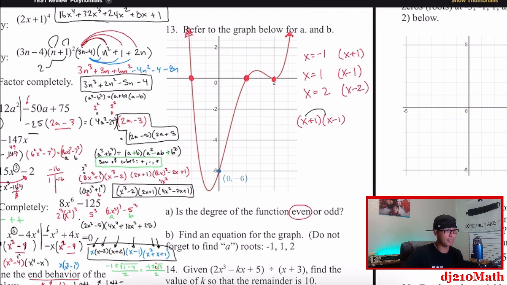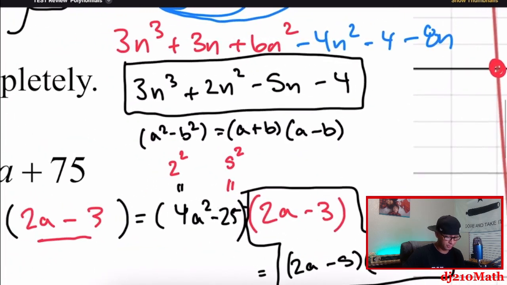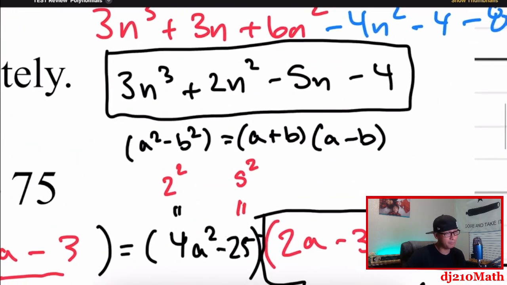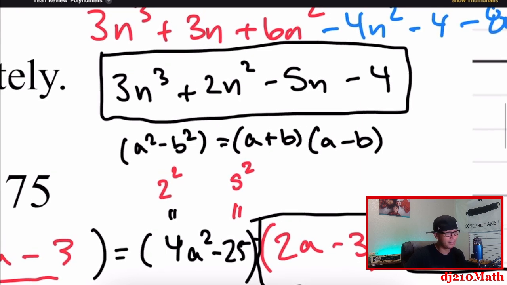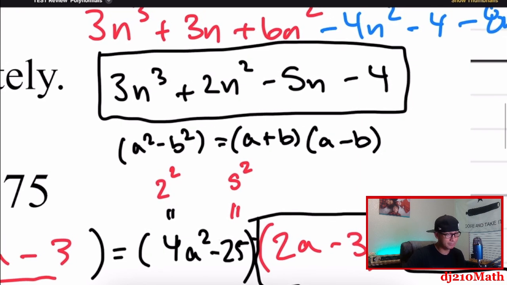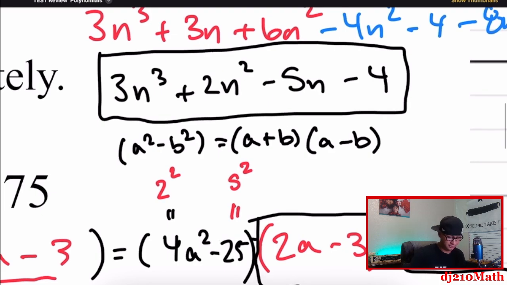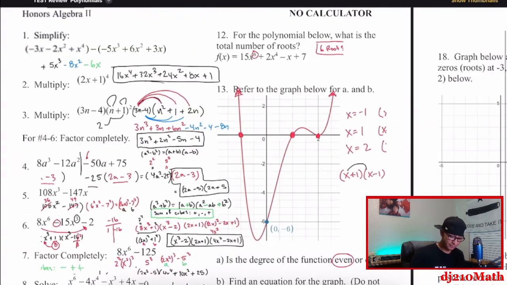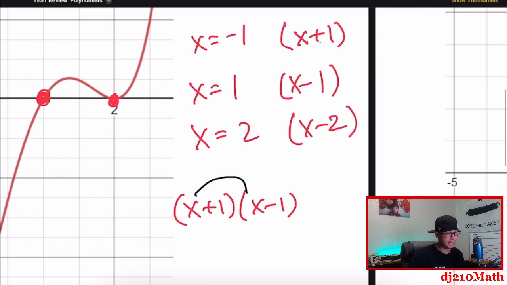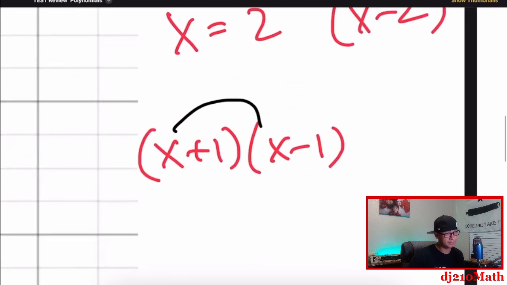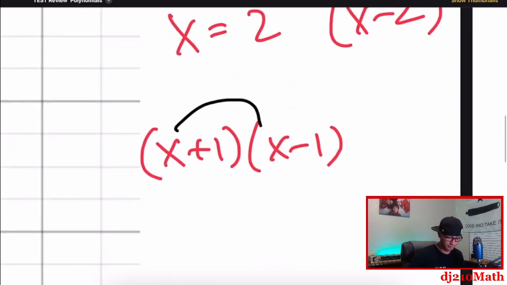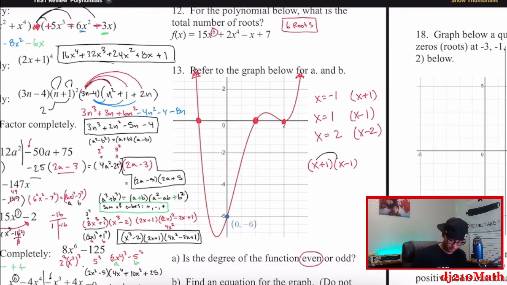A squared minus b squared, I can do a plus b, a minus b. Do you see it? So it's a difference of squares in reverse. This means x squared minus 1. That's what that means.